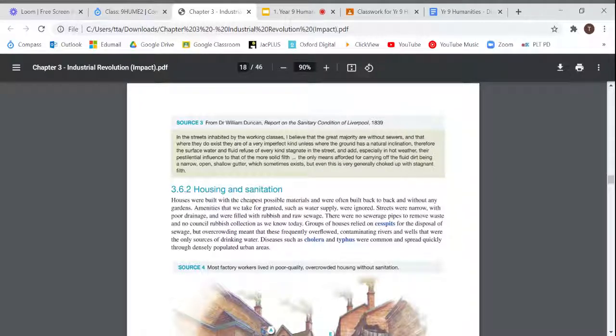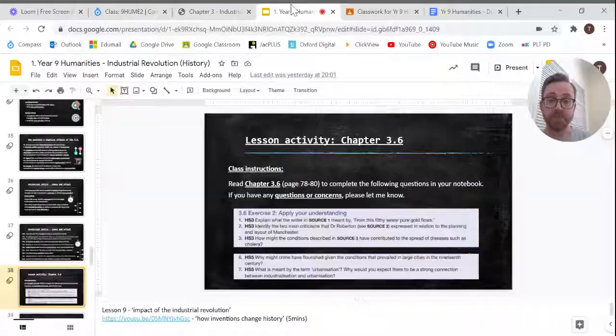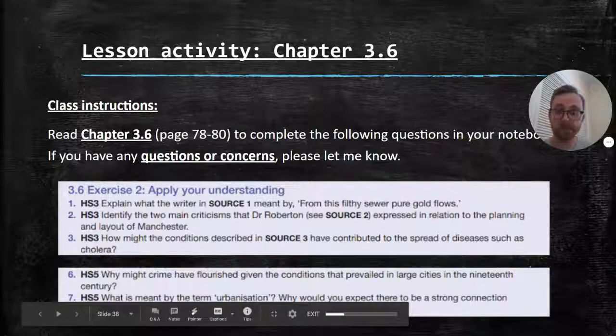So think about some of the negative experiences of the Industrial Revolution that we saw in that child labor documentary that we've read about in the slides. So why or how might the conditions have contributed to the spread of disease? So that disease spreading very quickly and very damagingly.